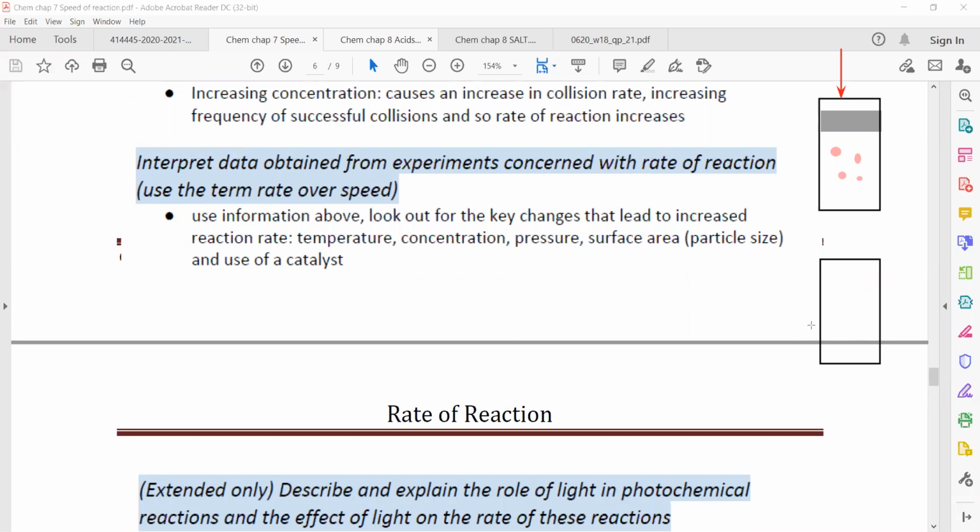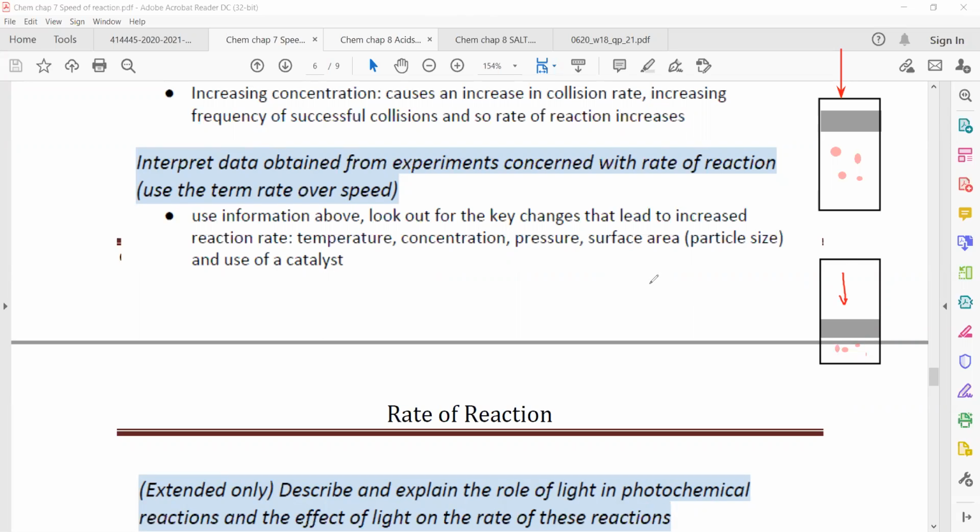But the space which the molecules are occupying will decrease. The same number of molecules in a small space.